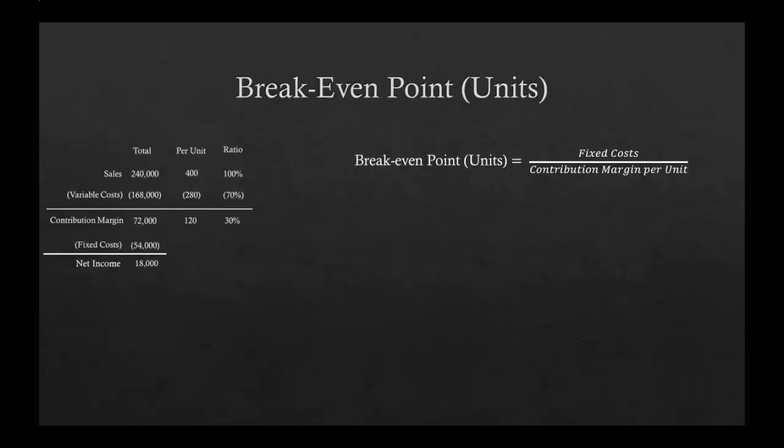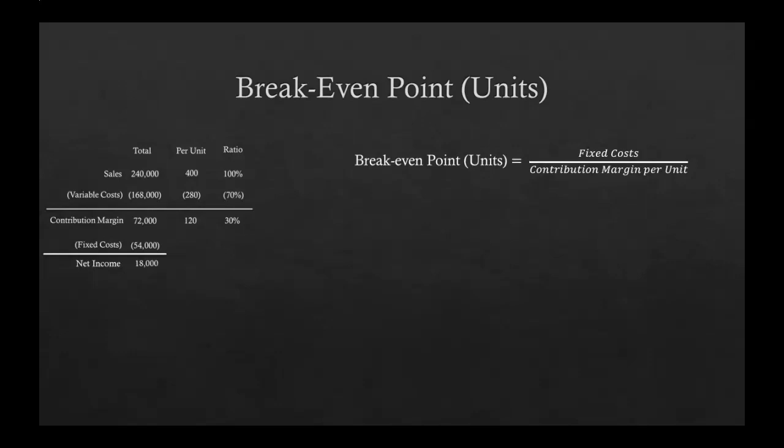So our break-even point in units, that formula is your fixed costs divided by your contribution margin per unit. So we take a look over at the CVP statement that we have on the left side of the screen. Our fixed costs, those were $54,000.